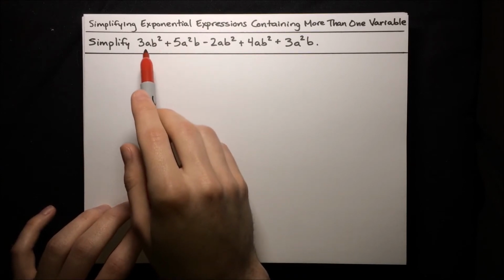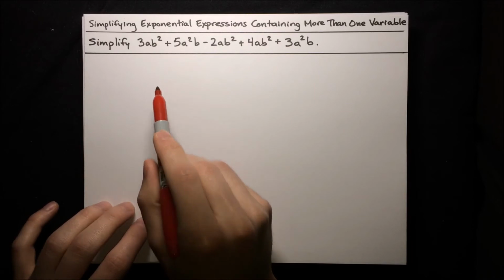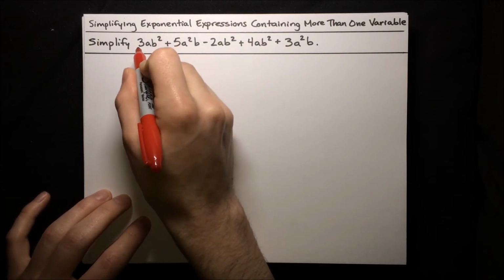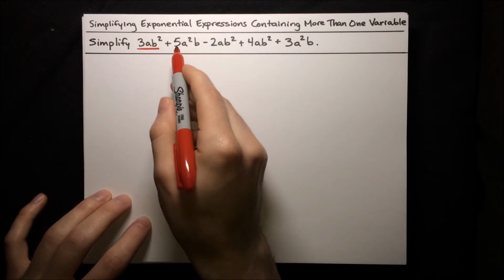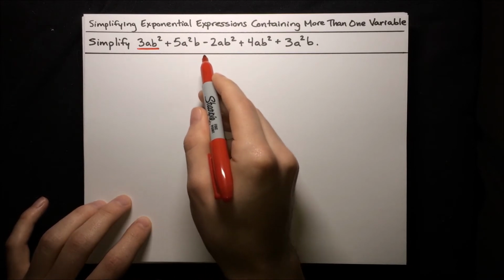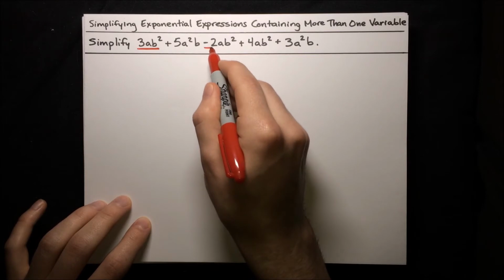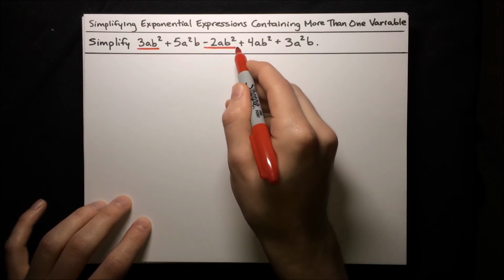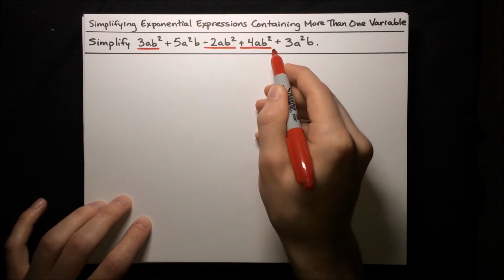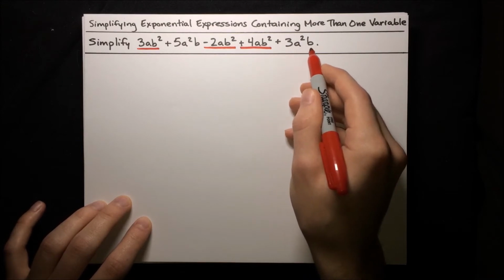So let's go ahead and underline all the ab squared terms in red. So we've got this 3ab squared. That's not an ab squared, that's an a squared b, so we just won't worry about that just yet. So ab squared, oh hey, that's an ab squared, and so is this one. That's an ab squared, and that's not an ab squared.